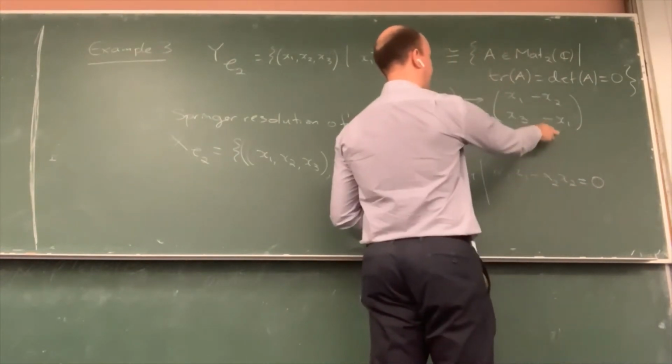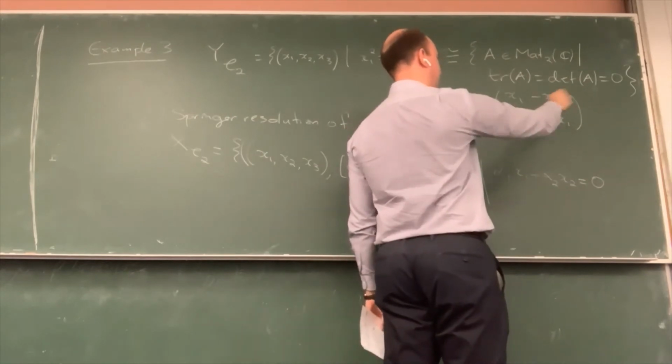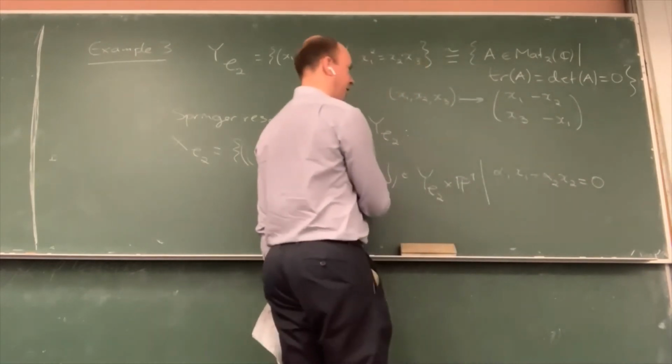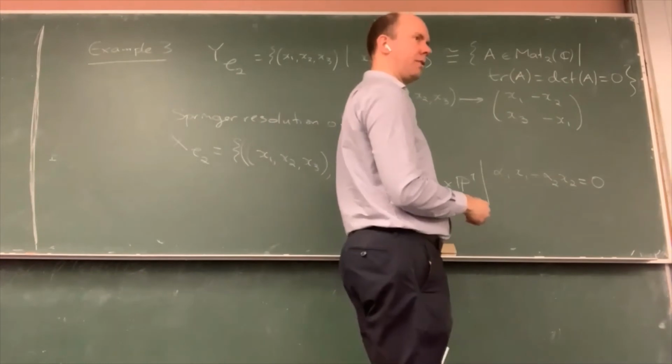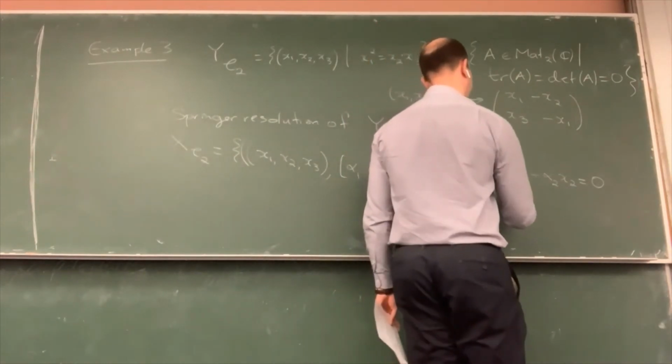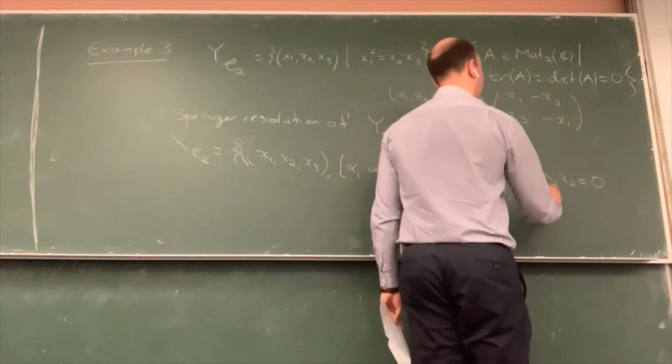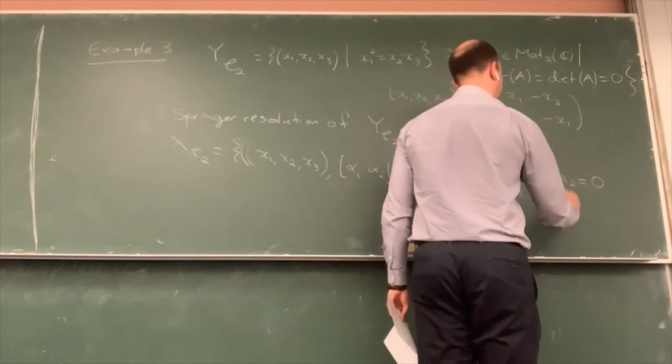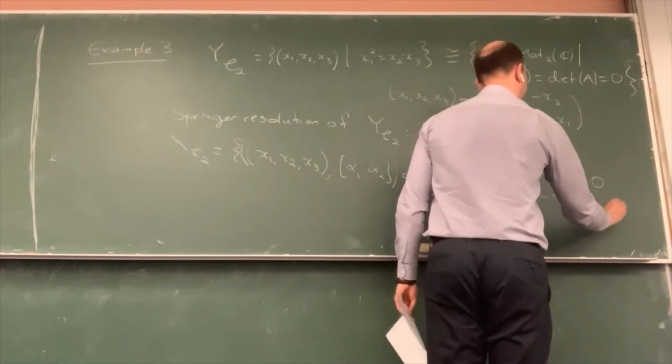So I'm actually just taking this 2 by 2 matrix and multiplying on the column vector alpha 1, alpha 2 on the right, and I want that to give you the 0 vector. So the other condition is alpha 1, x3 minus alpha 2, x1 equals 0.